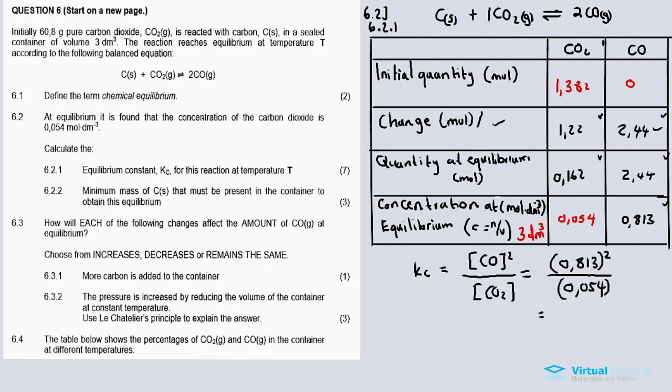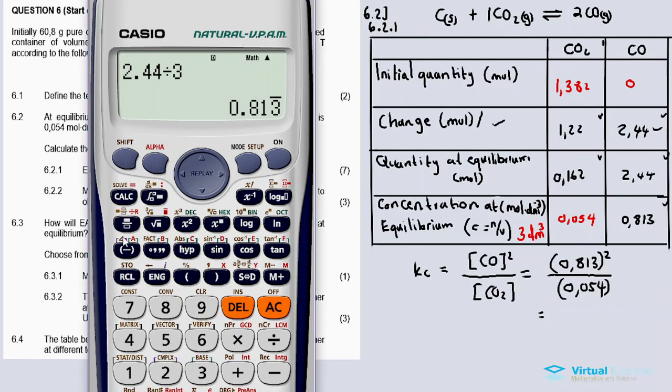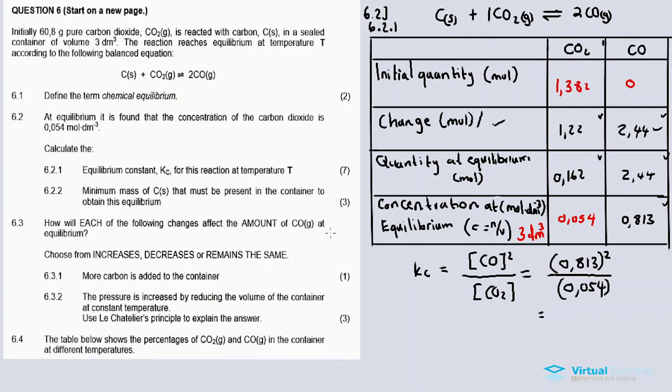The answer is about equal to 12.24. No units, it's a constant. So therefore our Kc value for this question is 12.24.